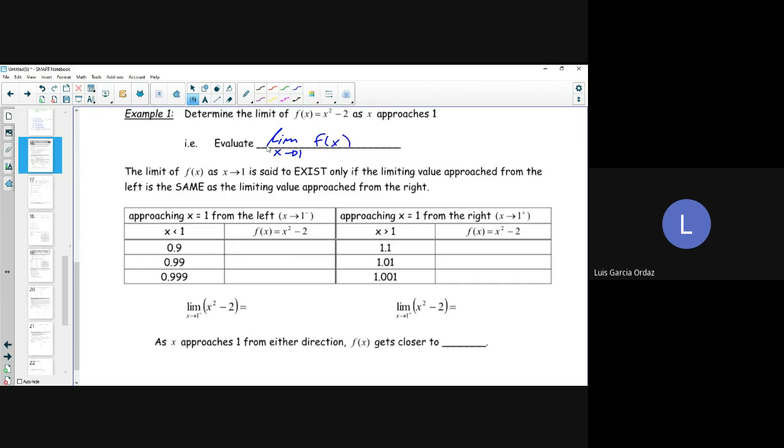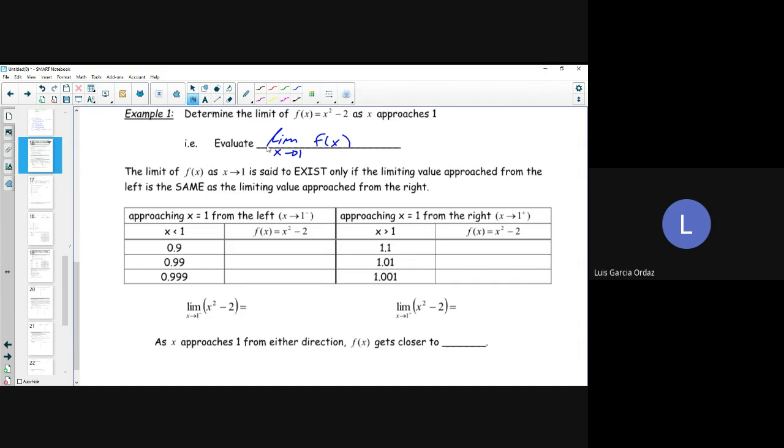We want to see what it does as x approaches 1 from the left and as x approaches 1 from the right. We're taking values less than 1 when approaching from the left, and x values greater than 1 when approaching x equals 1 from the right.